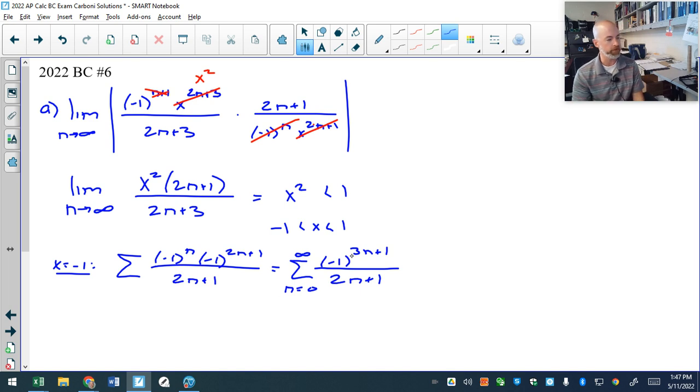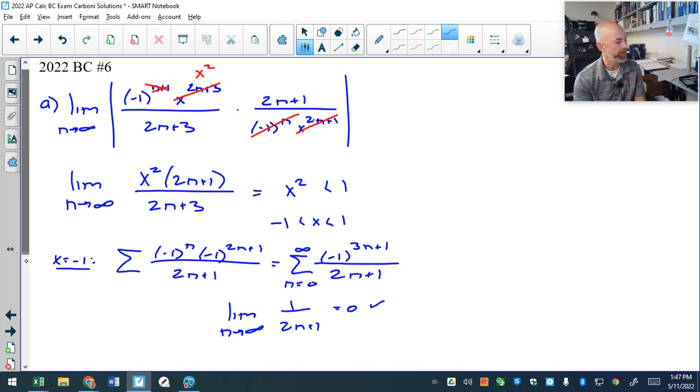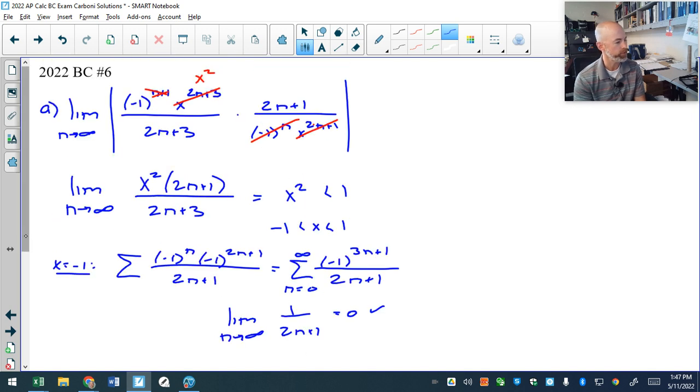And to show that something converges by the alternating series test, you need to show that if you ignore the alternating aspect of it, the terms approach 0 and decrease, and that's going to be fairly easy to do. So I'm going to say the limit as n goes to infinity of 1 over 2n plus 1 does indeed equal 0. And I need to show that the terms decrease, and you would show that in this case.